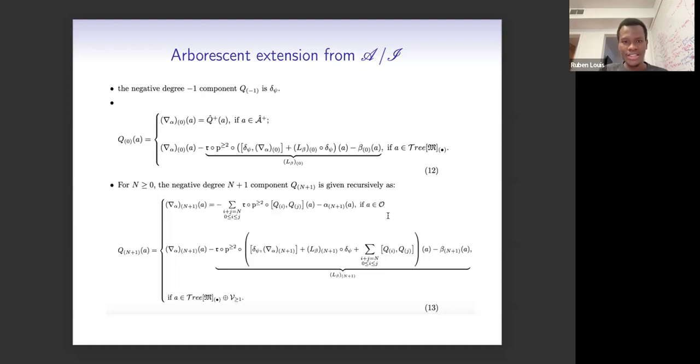So the negative degree one is exactly this Koszul-Tate differential. And the negative degree 0 is when you restrict it to the positive part, you get exactly the Q plus, the positively graded thing.